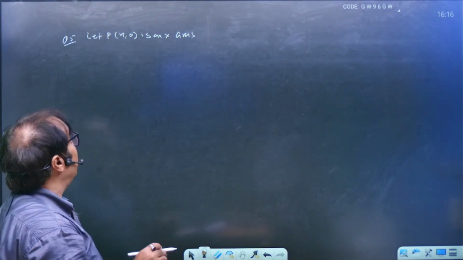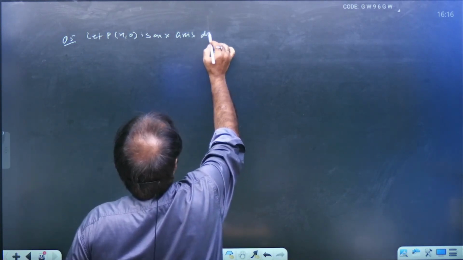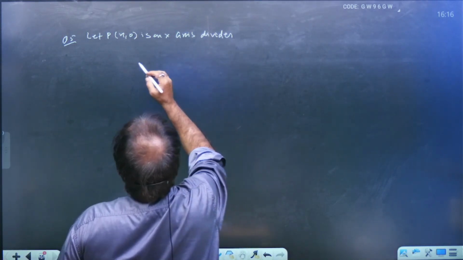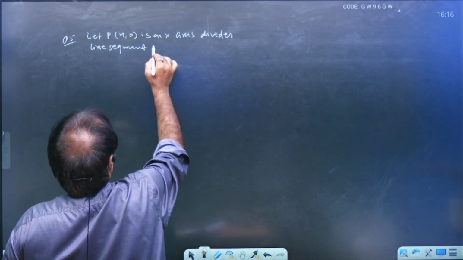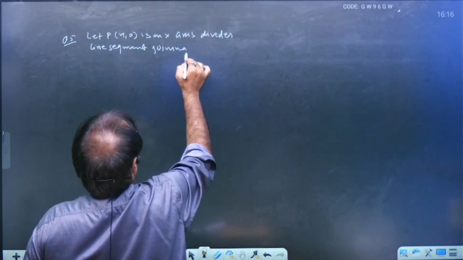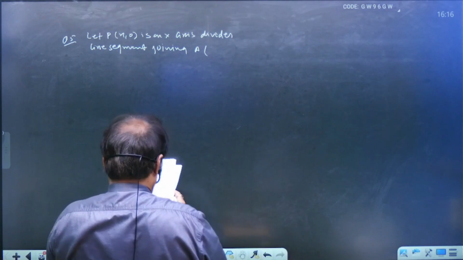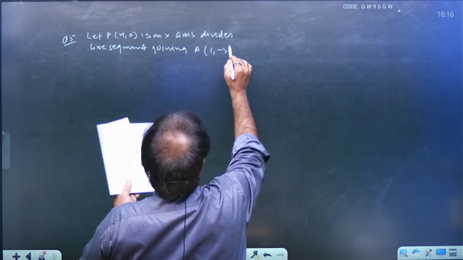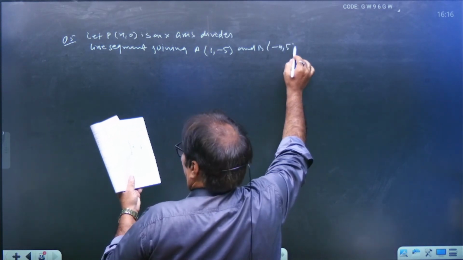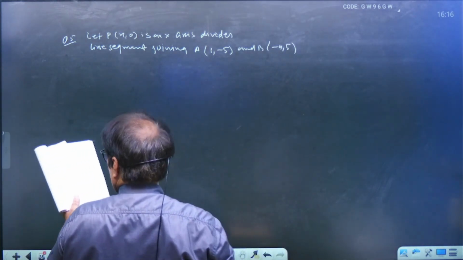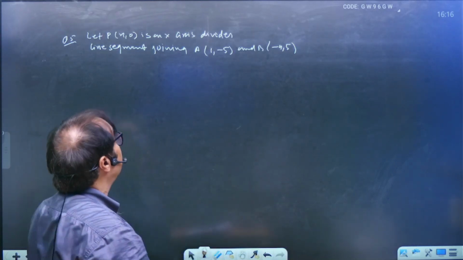Line segment joining A and B is divided by the x-axis. What is A? A is given as 1, minus 5, and B is minus 4, 5, divided by the x-axis, and also find the coordinates of the point of division, right?